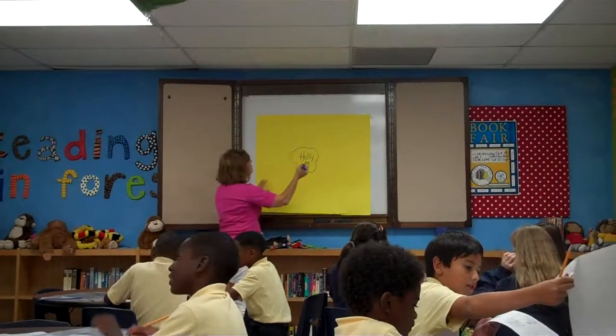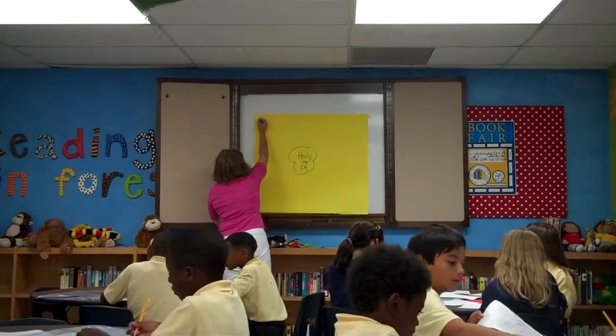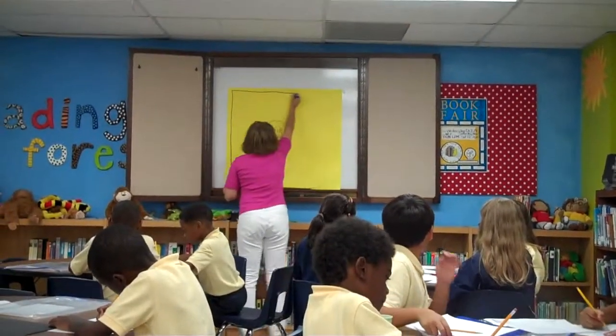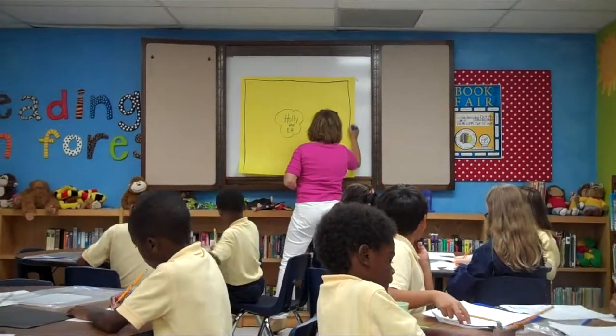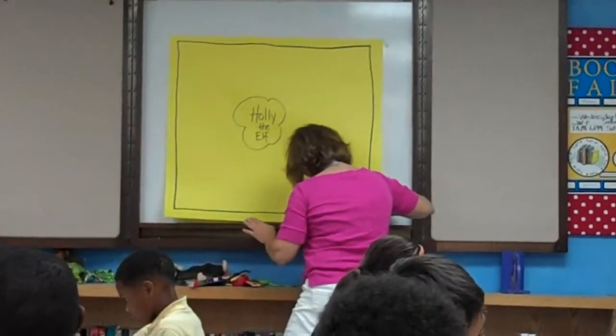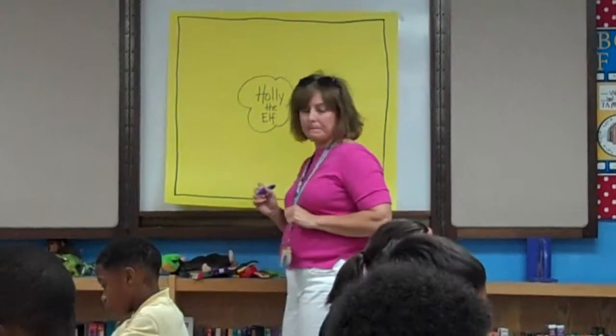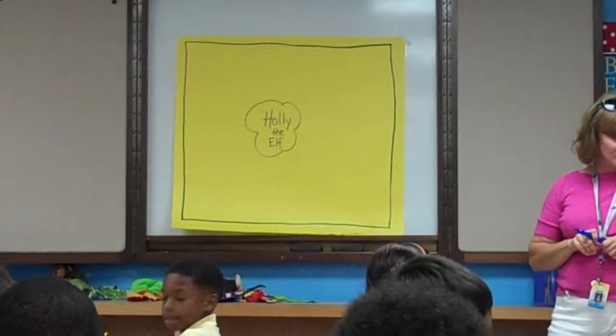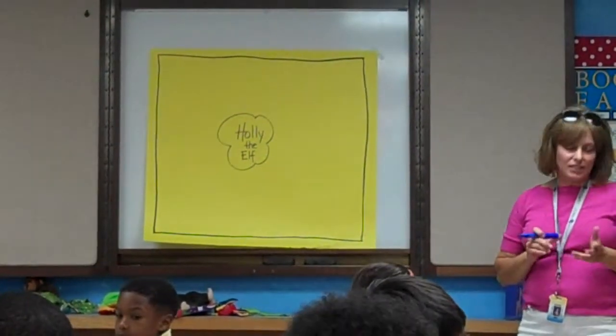Now the next thing we're going to do is draw a square around the edges. Okay. So go ahead and do that. What if you did it like, I'm not good at squares? That's okay.